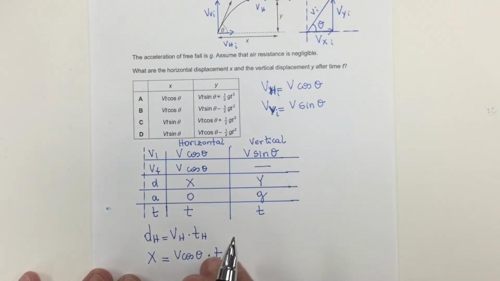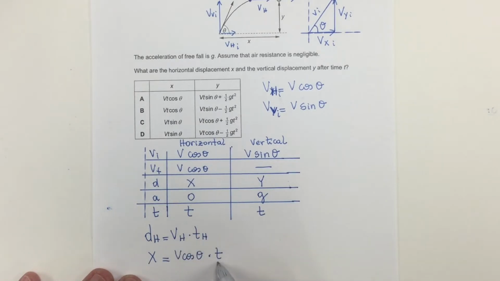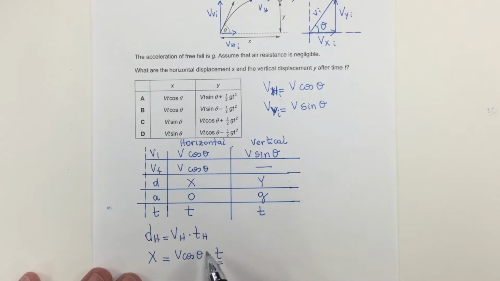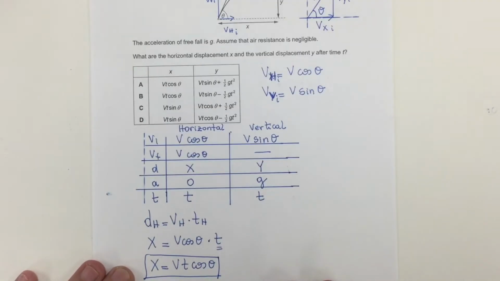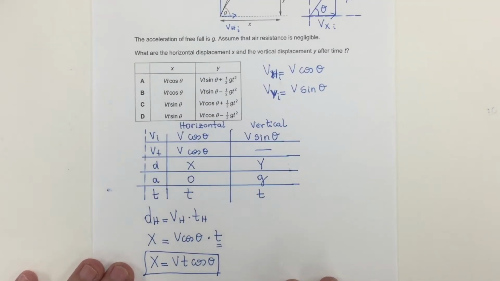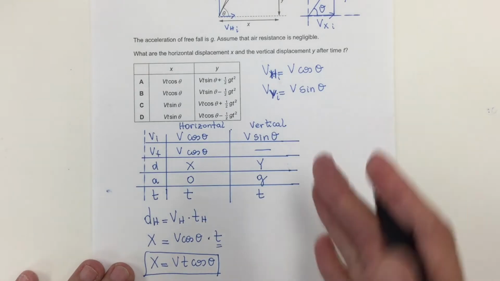I'm going to rearrange this because usually we don't put a value after an angle. So x is vt cosine of theta, and that should be one of the answers. Now, the other answer is related to the y.